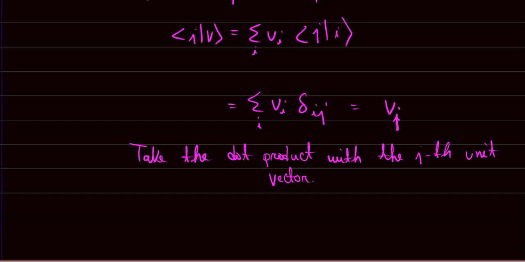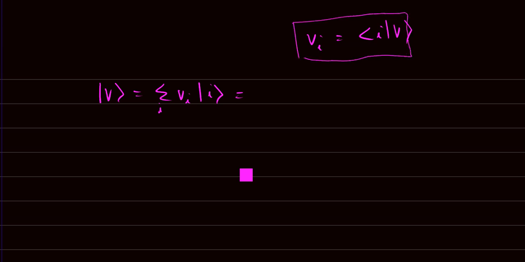So now our kth vector v is expressed by this equation, but we can now write Vi as the inner product of the ith unit vector with v, because we found out how to find the ith component.